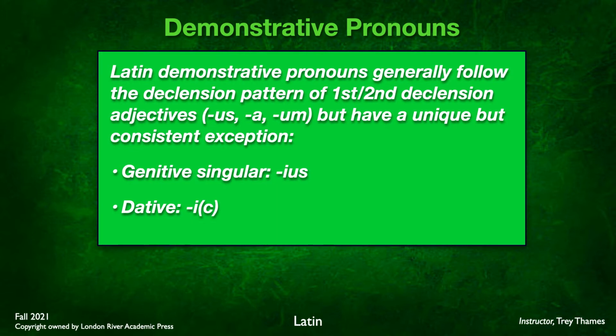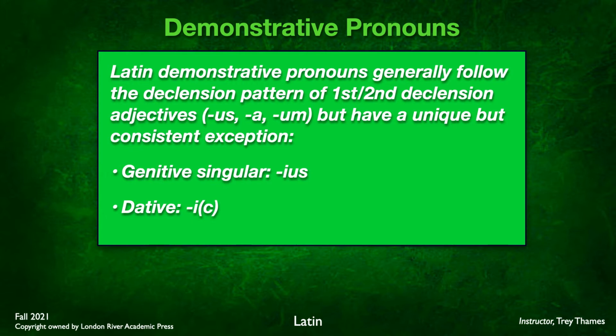So imagine the first and second declension adjective bonus, bona, bonum, in the masculine, feminine, and neuter. If you were to decline this down, going nominative, genitive, dative, accusative, ablative, in the masculine the endings would be -us, -i, -o, -um, -o. Feminine would be -a, -ae, -ae, -am, -a, and neuter would be -um, -i, -o, -um, -o.